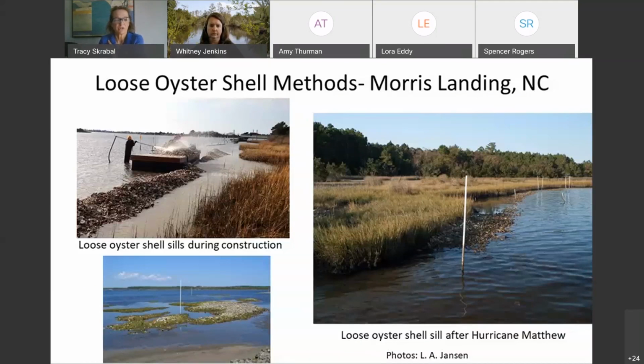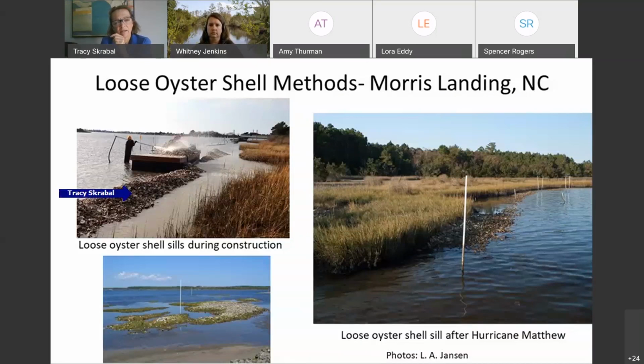So the loose oyster shell, this is our property, Morse Landing, that we're going to visit on our field visit. We engaged a local contractor here who basically power washed off oysters into what looks, you would think, fairly haphazard, but it actually isn't. It has a nice design height that we wanted.